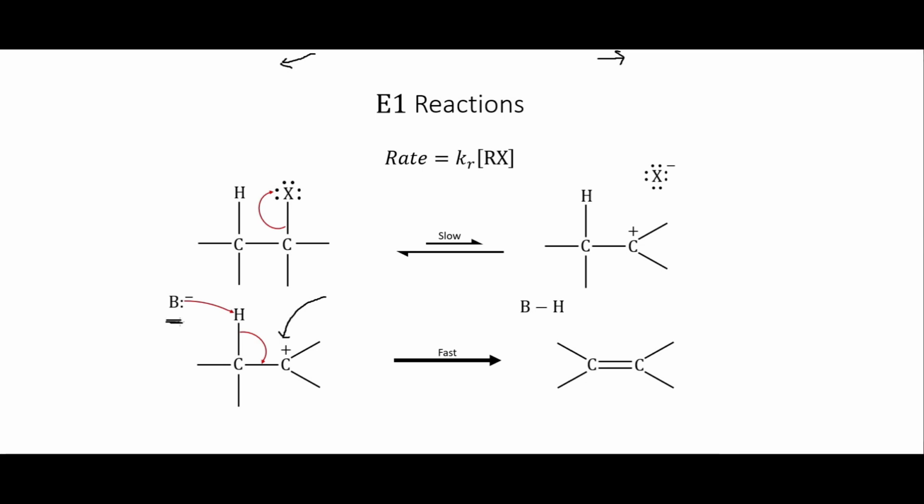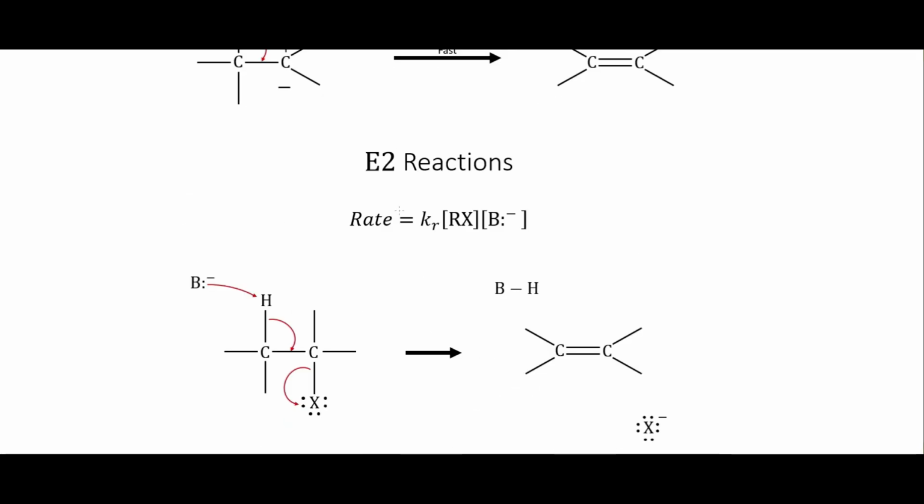If this base is also a good nucleophile, well, with an SN1 or an E1 it doesn't even have to be that good of a nucleophile. It can come in and bind to this carbocation, but we can also have it take this hydrogen and do this elimination reaction to form the double bond.